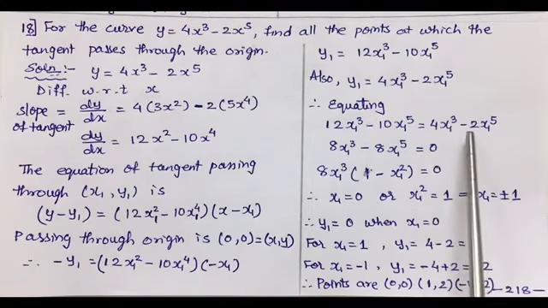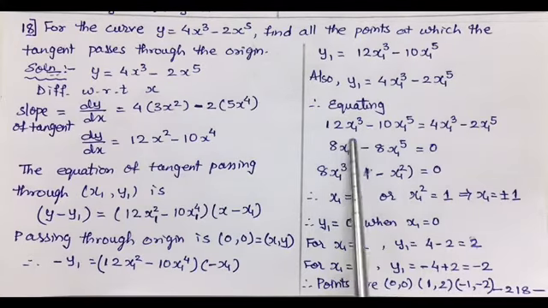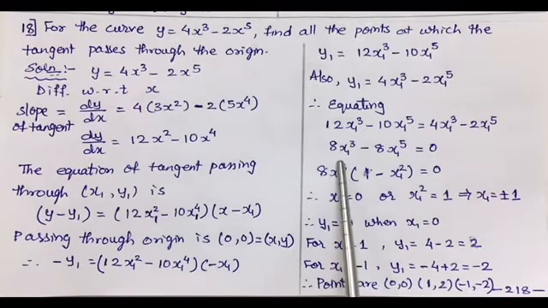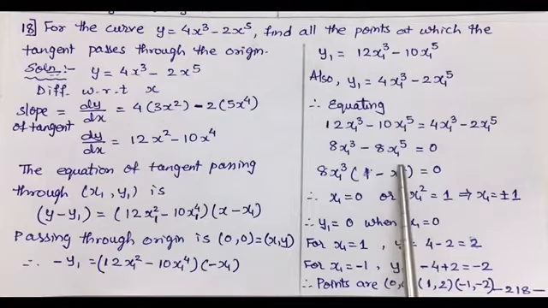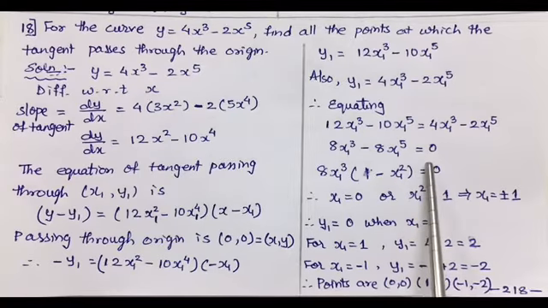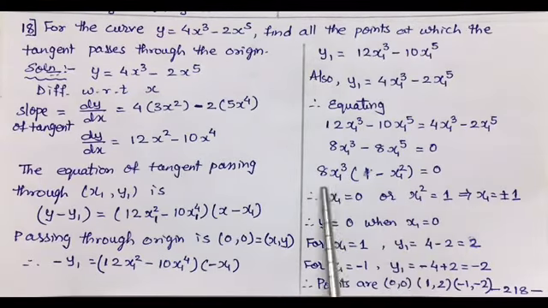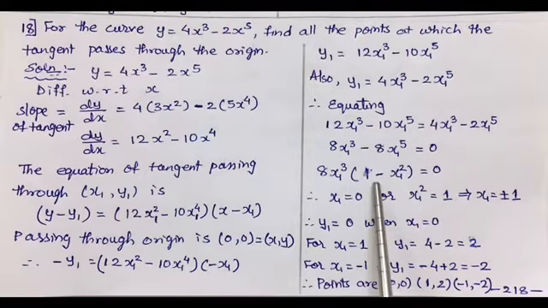Now taking everything on one side and simplifying, we get 8x1 cube minus 8x1 raised to 5 equal to 0. Taking out 8x1 cube common, inside the bracket remains 1 minus x1 square equal to 0.